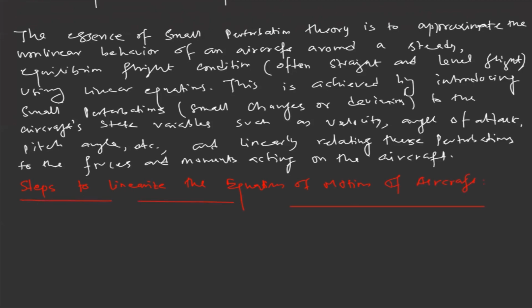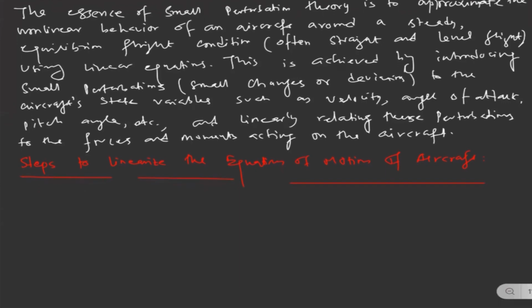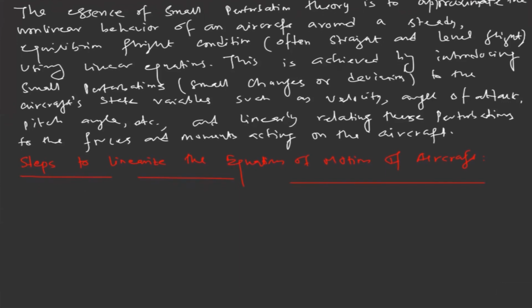These are the steps we'll be following for finding the linear model of the nonlinear aircraft equation. The first step is we need to define the steady state flight condition.